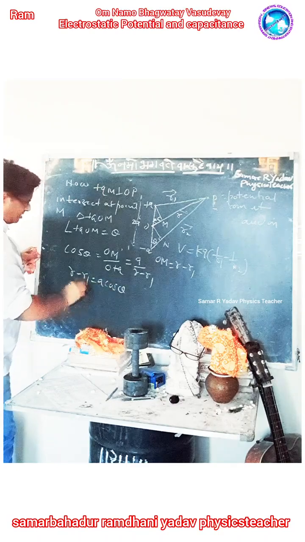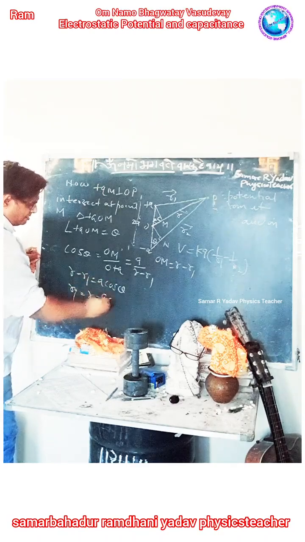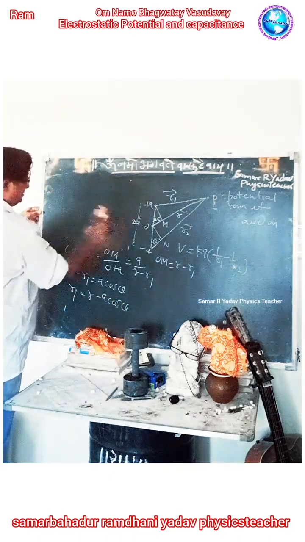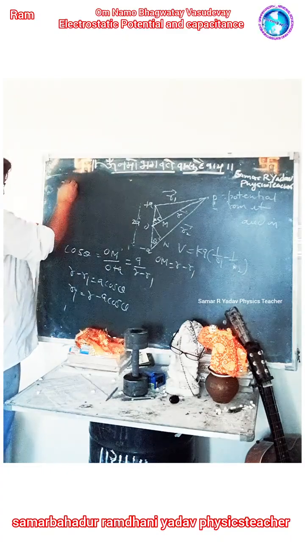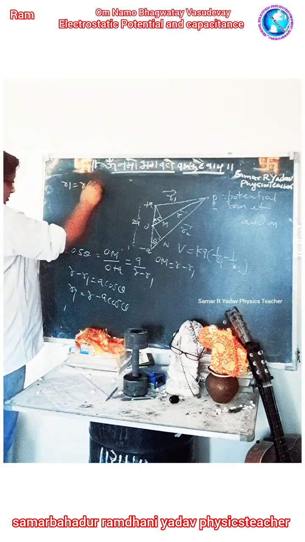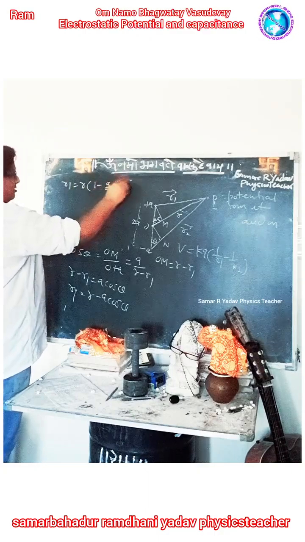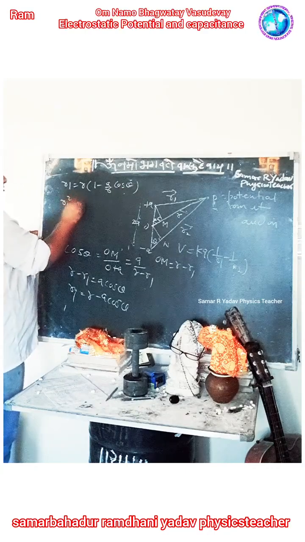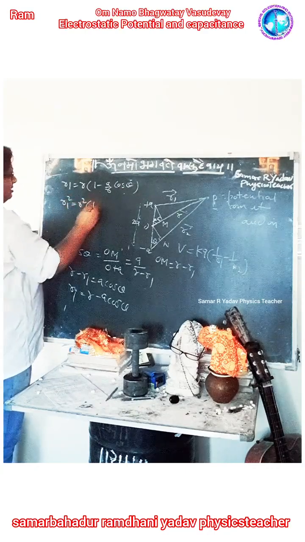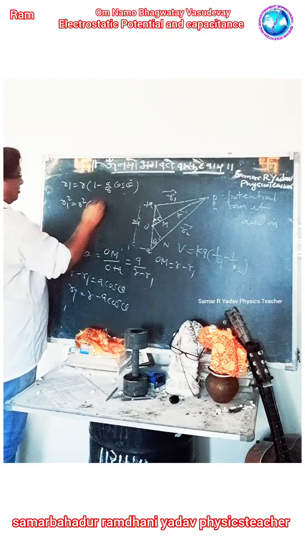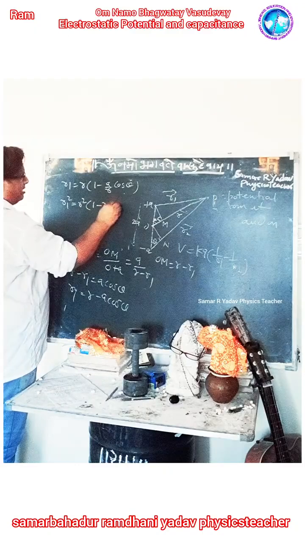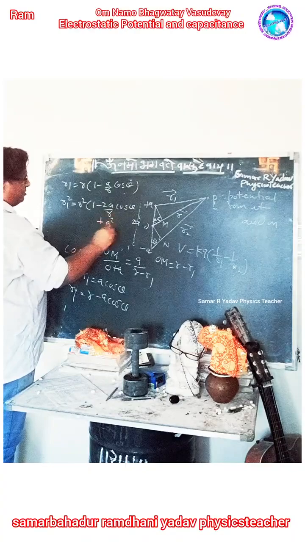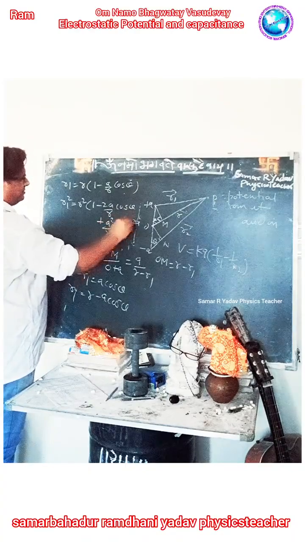Therefore r1 is equal to r minus a cos theta. Simplifying, taking r common, r1 is equal to r times 1 minus a upon r cos theta. Now squaring both sides, r1 square is equal to r square times 1 minus 2a upon r cos theta plus a square upon r square cos square theta.